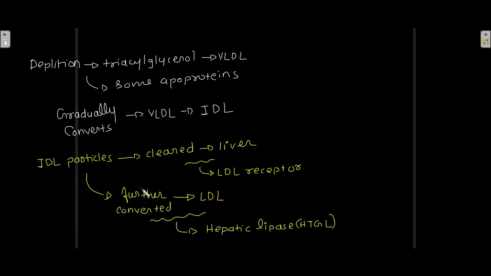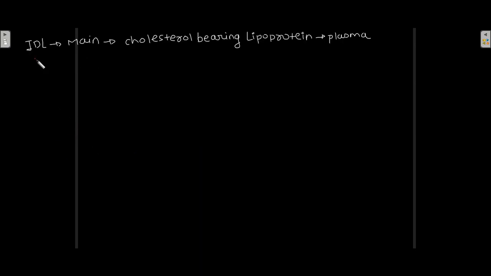IDL particles, with the help of LDL receptors, are cleared by the liver, or hepatic lipase will act on these IDL particles and convert them into LDL. Now LDL is the main cholesterol bearing lipoprotein in the plasma.